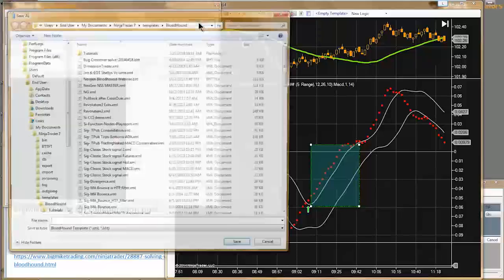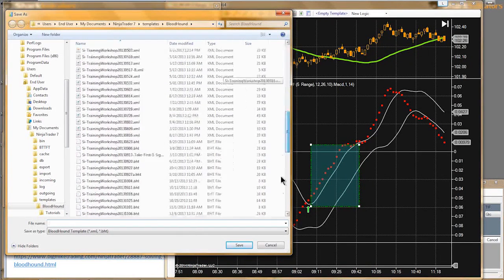So, let me name our BloodHound file for today.